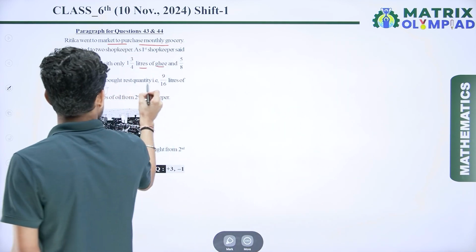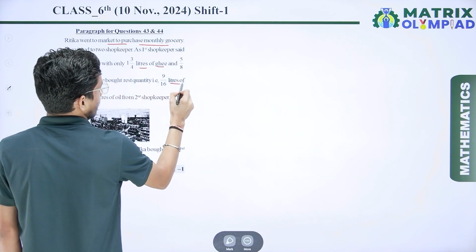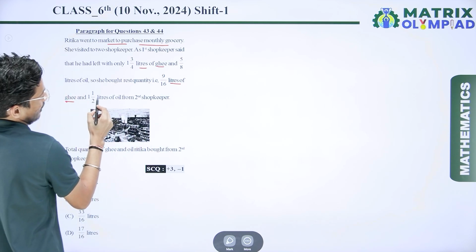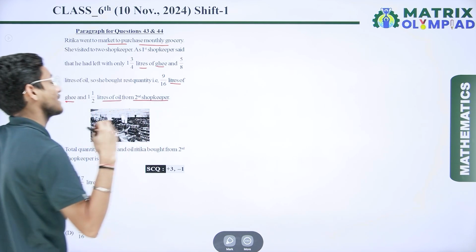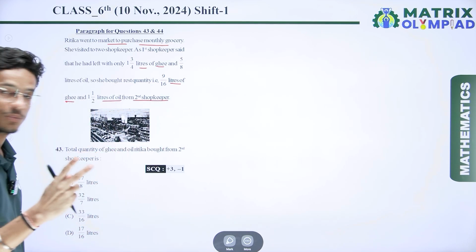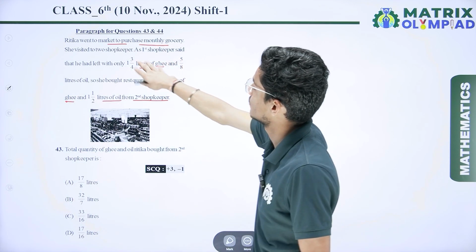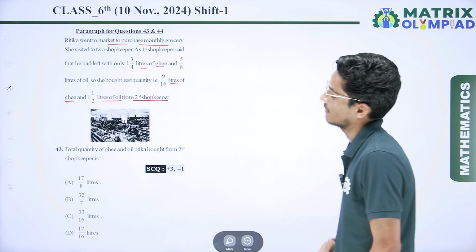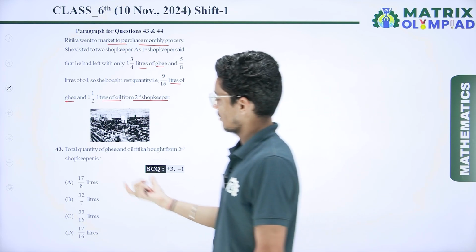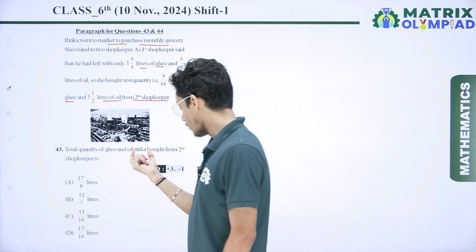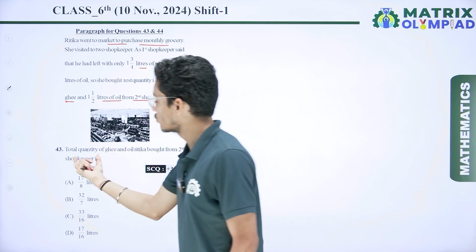So she bought the rest of the quantity, that is 9/16 liter of ghee and 1 and 1/2 liter of oil, from the second shopkeeper. So Ritika first visited shopkeeper 1, and then she visited shopkeeper 2. The question is the total quantity of ghee and oil Ritika bought from the second shopkeeper.